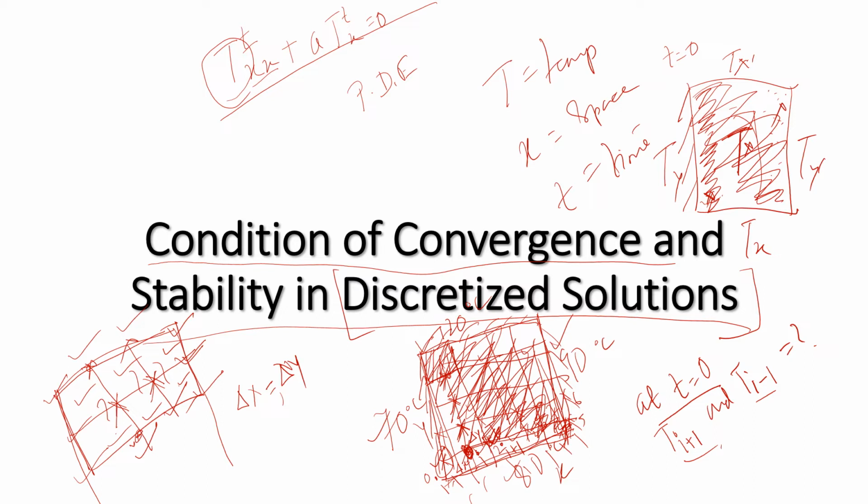At time t equal to 0, the initial time, this temperature can change after a span of time t1. And then you can solve the same partial differential equation for t equal to t1 and at I plus 1. This is your I plus 1, this is your I, this is your I minus 1.